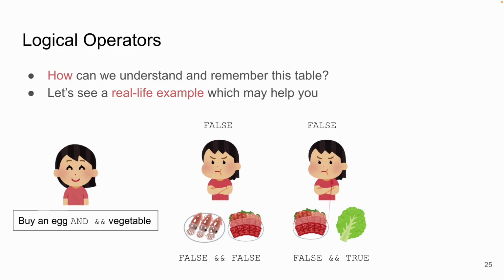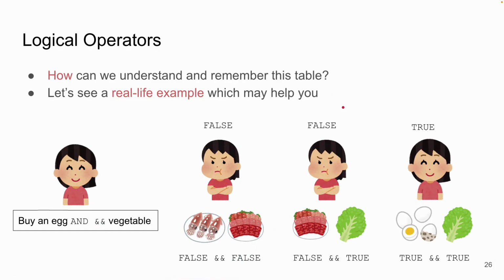However, your mom is still not happy here because her instruction is egg and vegetable. So you need to get two things right. So this is still false. So the only answer is that you need to buy an egg and vegetable. So only the condition where two operands are true and true will be true.